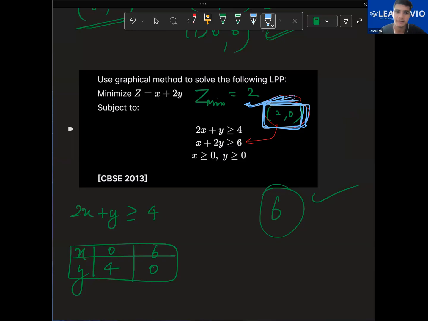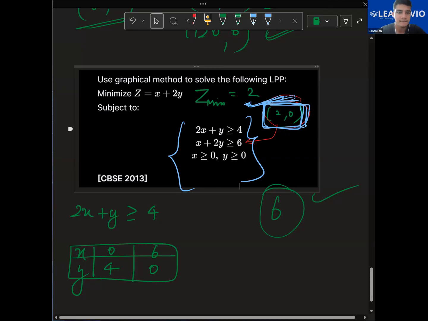You will assume that this is right, but you have to check the point at which you are getting your minimum or maximum value according to this constraint. ठीक है, यहाँ पे क्लियरली दिख रहा है 2,0 and this is x plus 2y is greater than equals to 6, so when you put it, this is not satisfying, so ये आपको चेक करना है, this is for the cross checking.